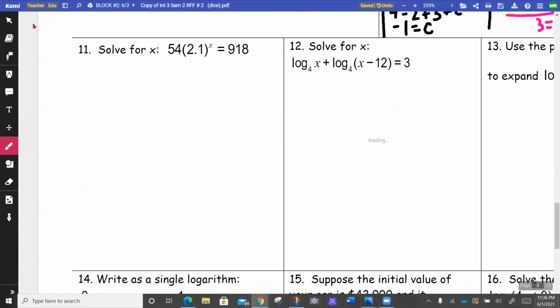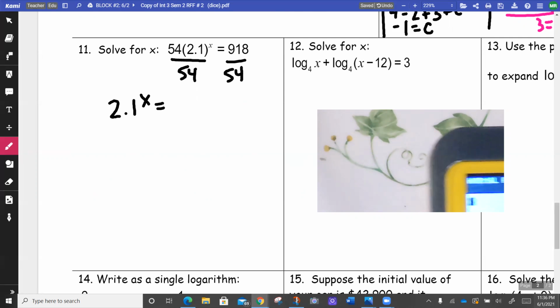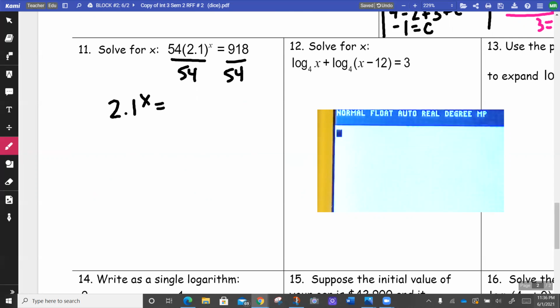On 11, I am going to get my 2.1 to the power x by itself. I'm going to divide both sides by 54. And so I'm going to get 2.1 to the x is equal to... okay.